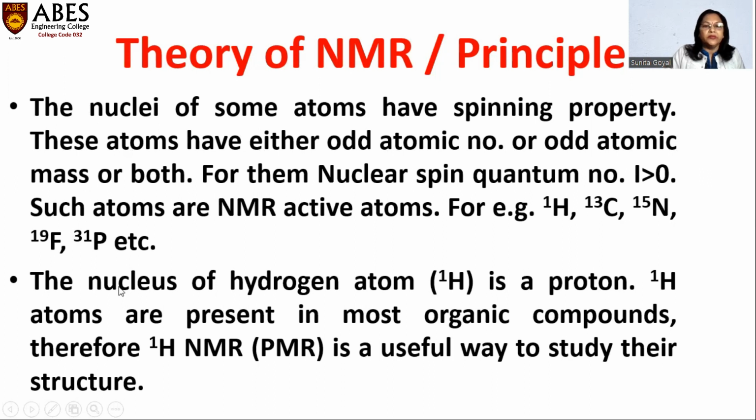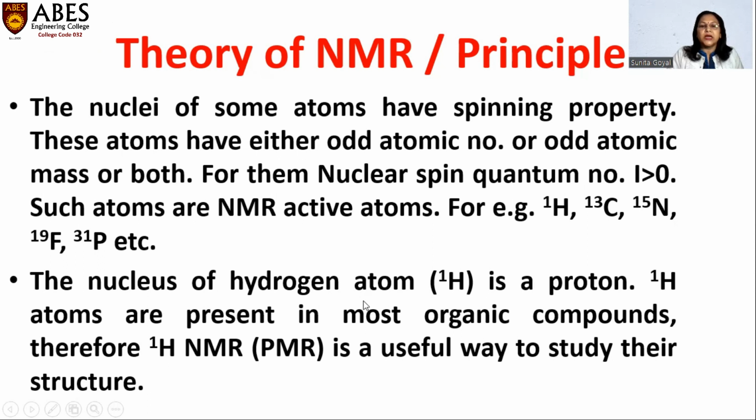And here we know that most organic compounds contain hydrogens. So by knowing the hydrogens, we can know about the framework of that organic molecule. So we are particularly concerned here with the hydrogen atom.